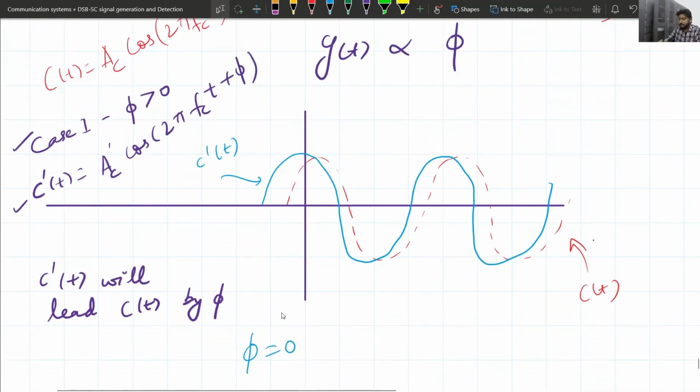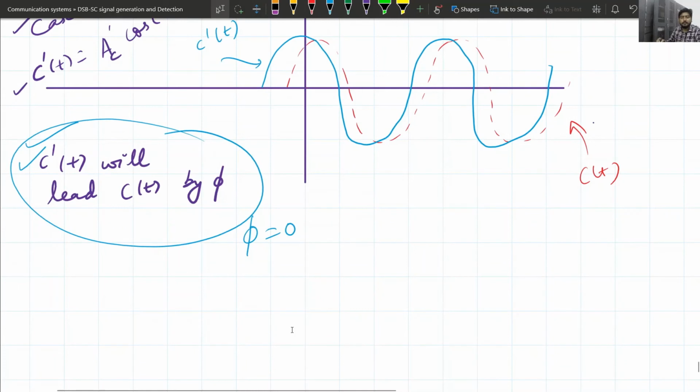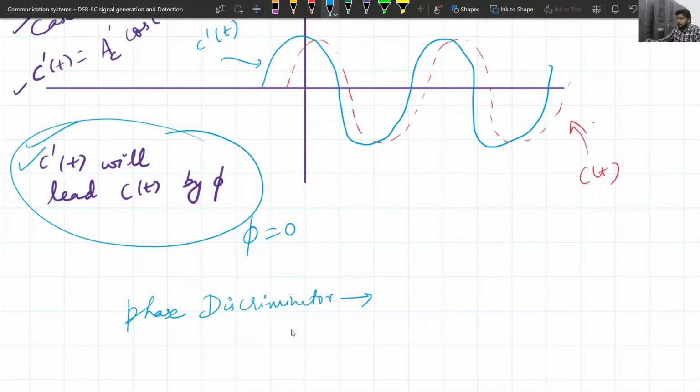Since c dash t is leading c(t) by angle phi, what will the phase discriminator do here? It will decrease the frequency of the local oscillator temporarily.